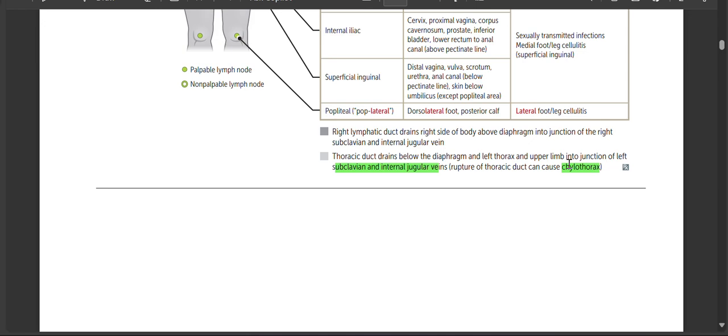From the lymphatic system, the chylomicrons travel to the thoracic duct, and from the thoracic duct they enter the venous system. That is why if you were to drain lymph near the thoracic duct, it will have a very milky white appearance and be very high in fat content, because it's primarily composed of chylomicrons and immune cells.